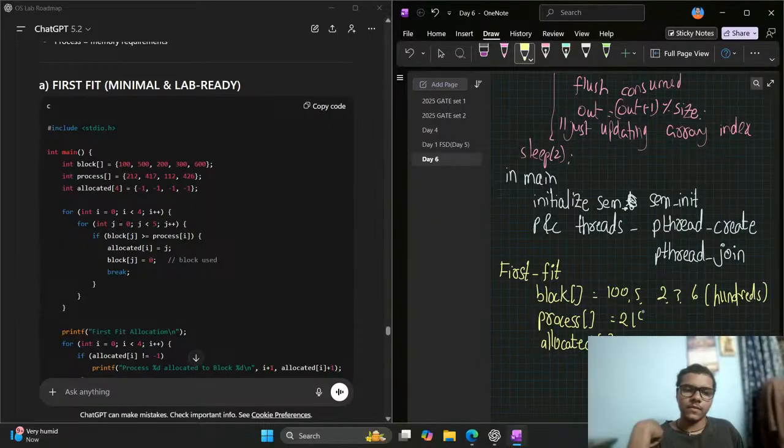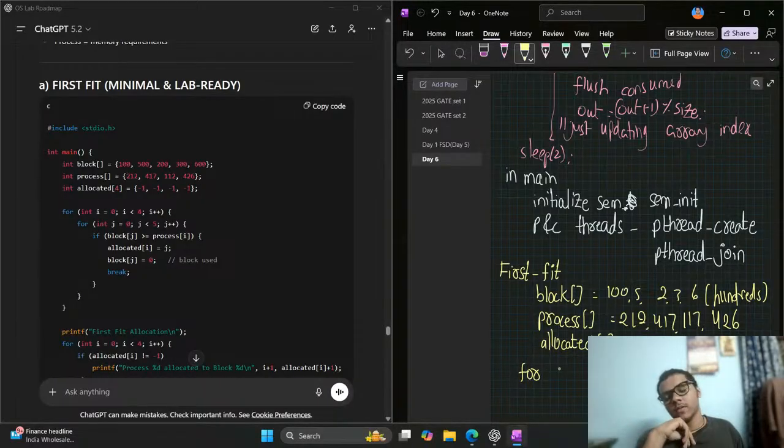And process sizes: 212, 417, and 426. Allocated is minus 1 times 4. I don't want to copy paste it.